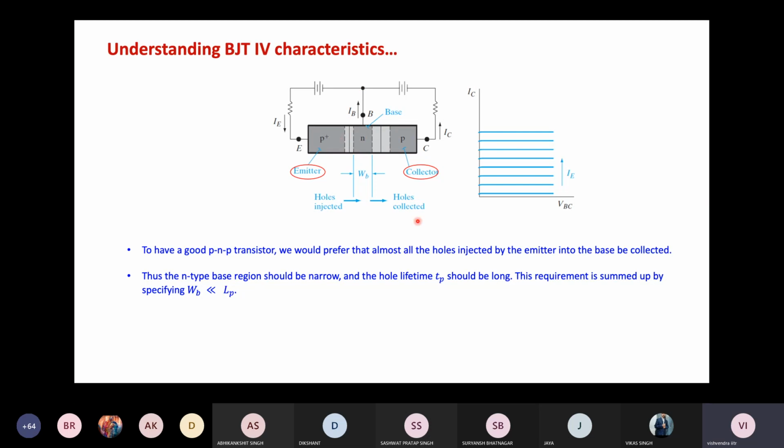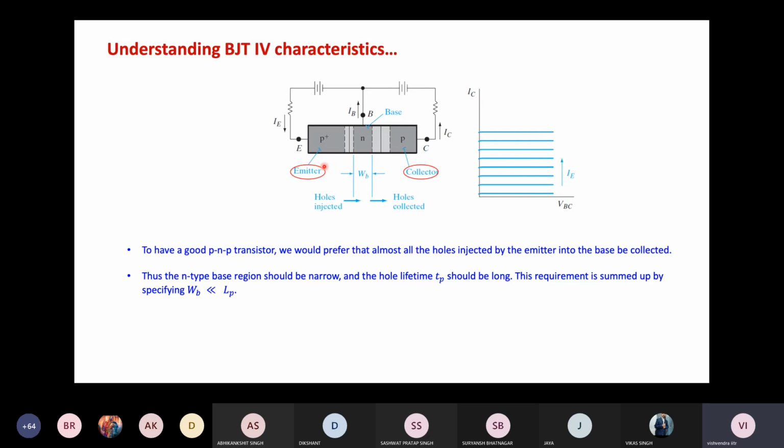Now, my question to all of you is this. If we look at the transistor action, we are generally concerned about the current across the collector terminal, and the base terminal becomes like a control terminal. So how is the base controlling the current in the BJT?